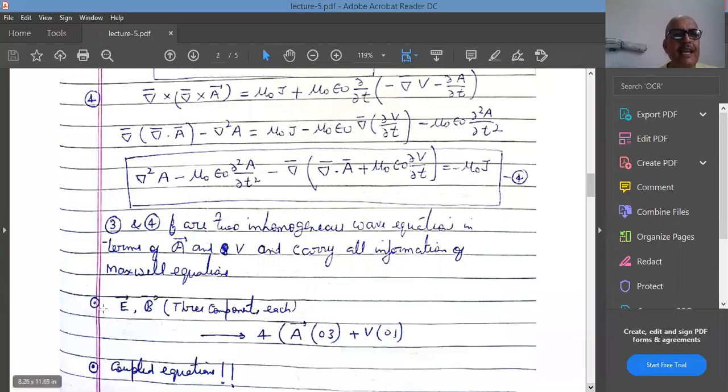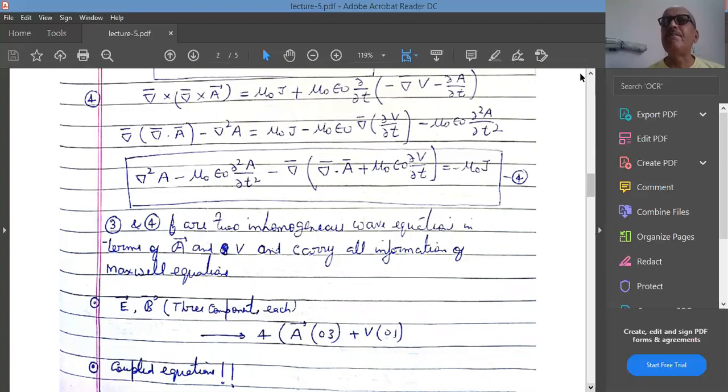So you can see E and B have 3 components each. We convert a 6 component problem to a 4 component problem where A has 3 components and phi has only 1 component. And these are coupled equations. These two equations also don't define the potentials uniquely.